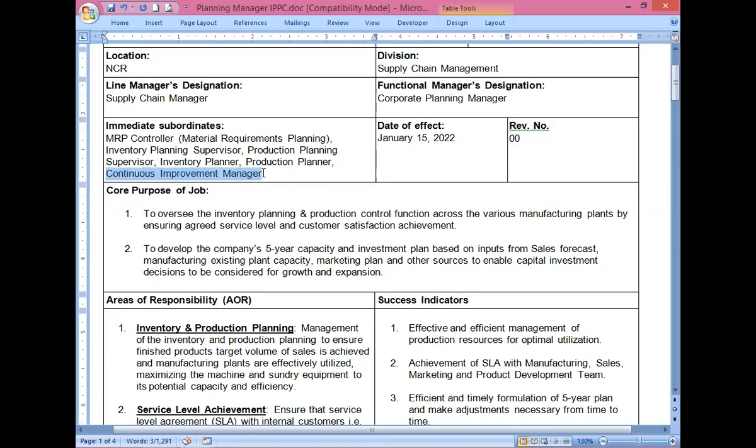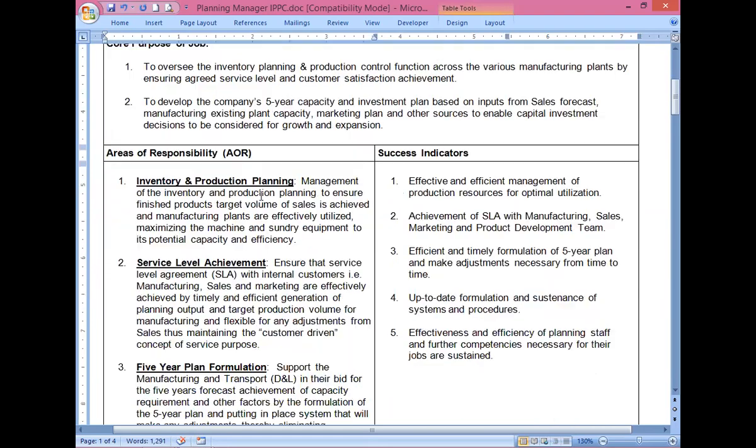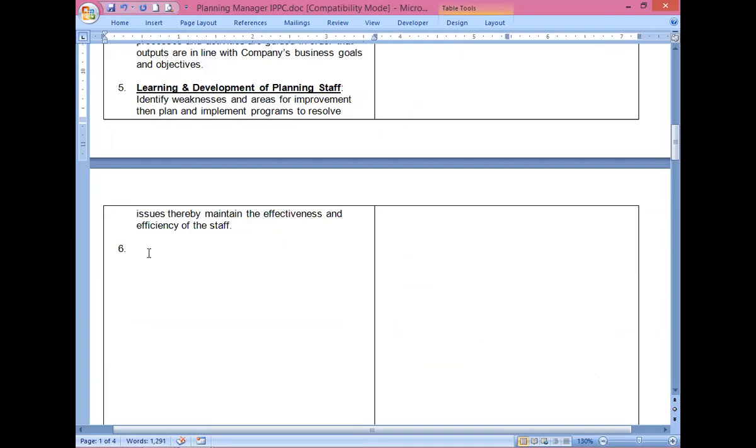The reason why I put continuous improvement manager is because we have a continuous improvement responsibility, in terms of QMS, in terms of QA, or in terms of using the TQM analytical tools, total quality management, right? Part of this is continuous improvement, especially if you are doing lean management, Six Sigma, DMAIC.